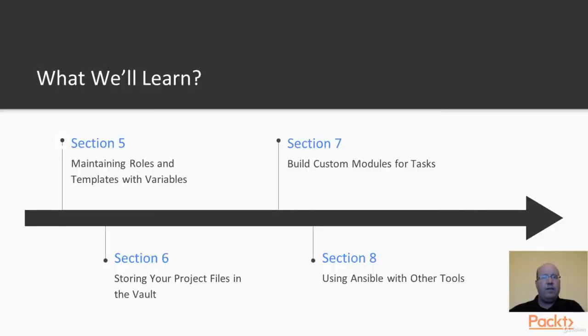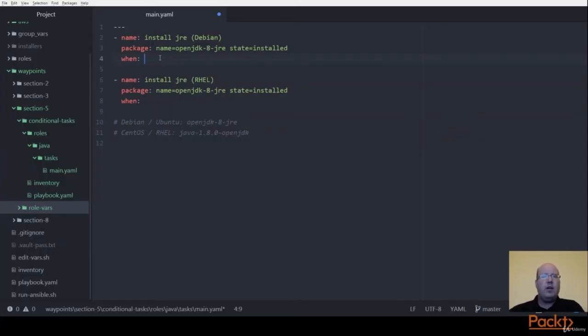In section 5, we'll talk about how those templates, along with Ansible tasks, can be controlled and configured and parameterized using variables. And the 3 together, roles, templates, and variables, will be essential for building a unit of automation that we'll be able to reuse over and over again, applying it to new systems, which will really be the benefit that you get from Ansible.